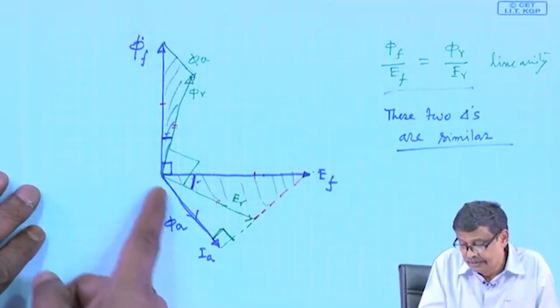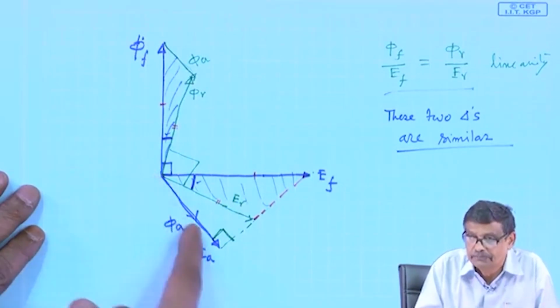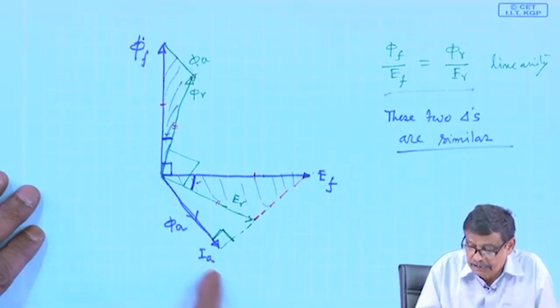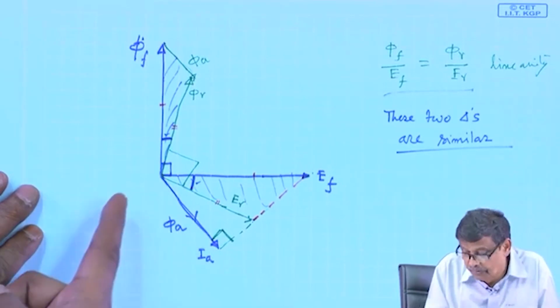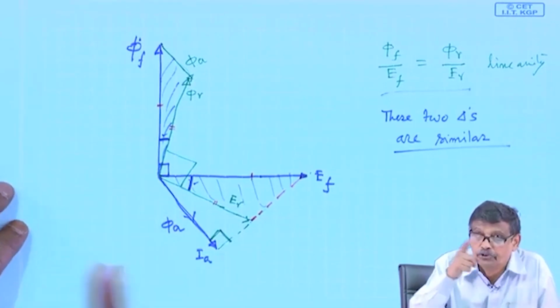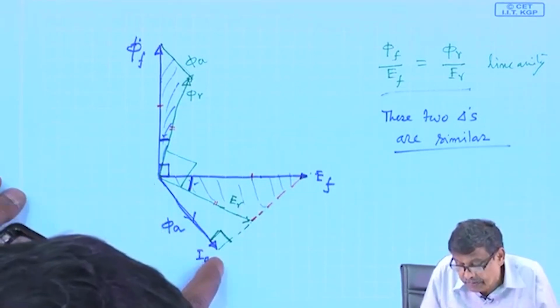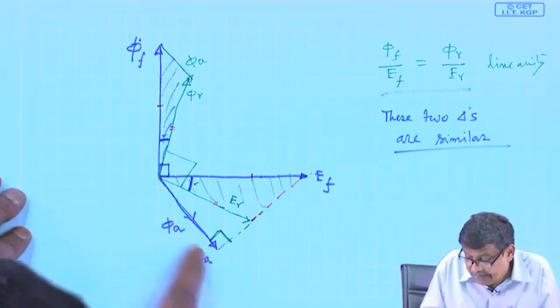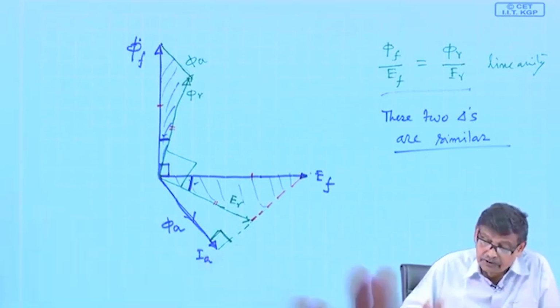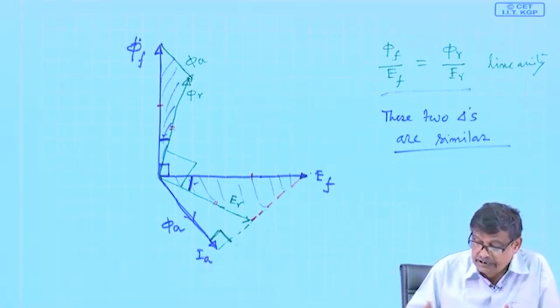In this case, if this is IA, the RMS value means the maximum is also along this. Therefore, that rotating field produced by ABC phases must be along this line, it has to be. If that is there, then our arguments are fine.